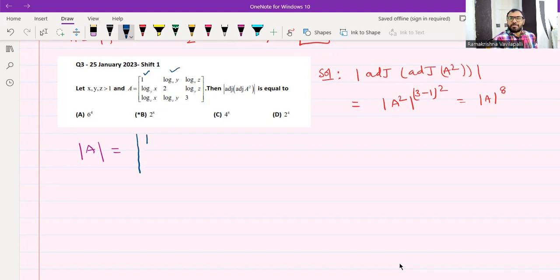The first entry, log y base x, I'll write as log y by log x. Of course, you can expand directly also. And log z base x, I can write as log z by log x.